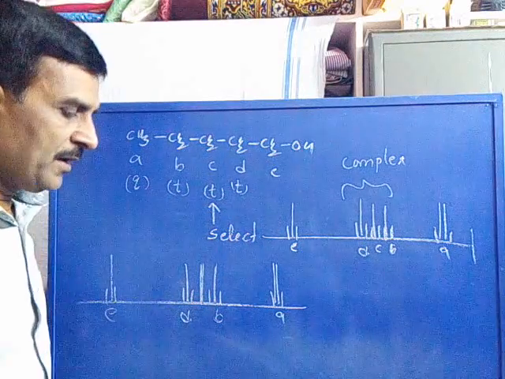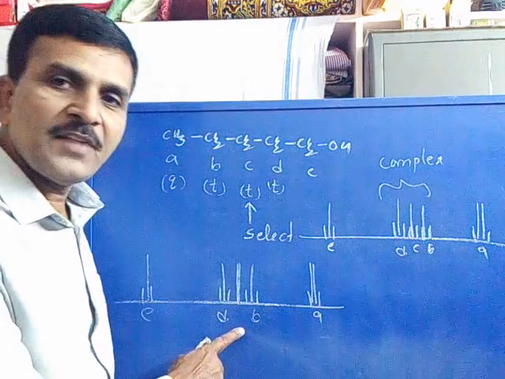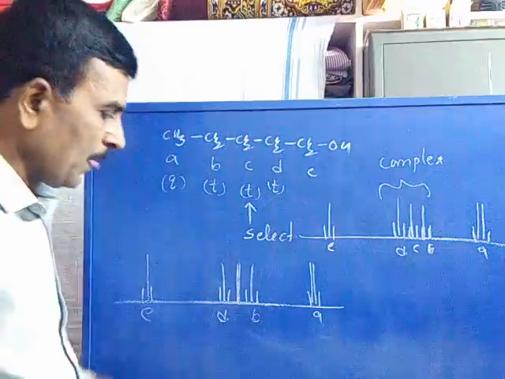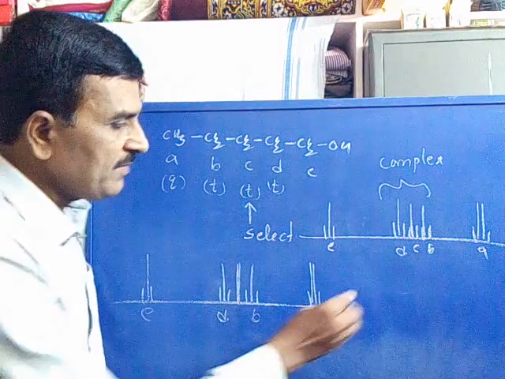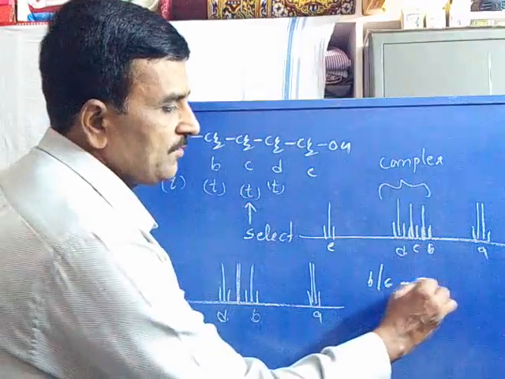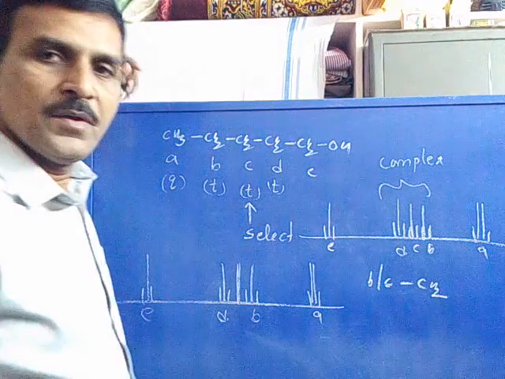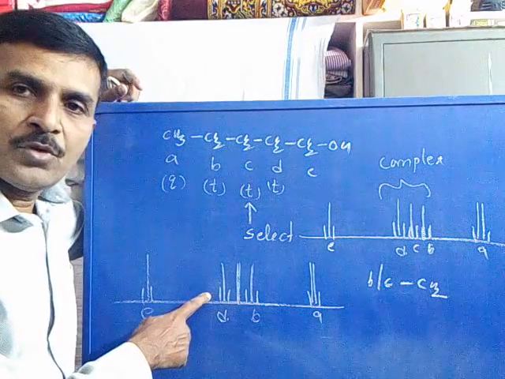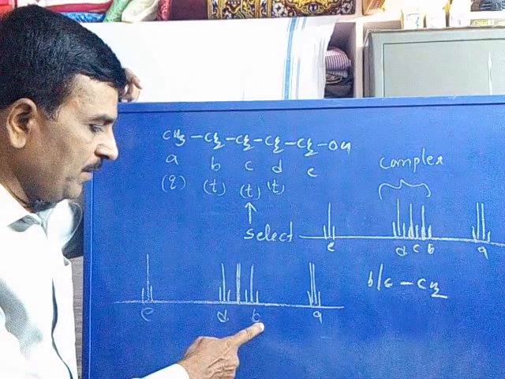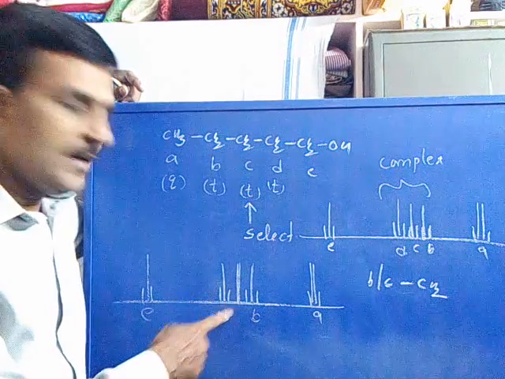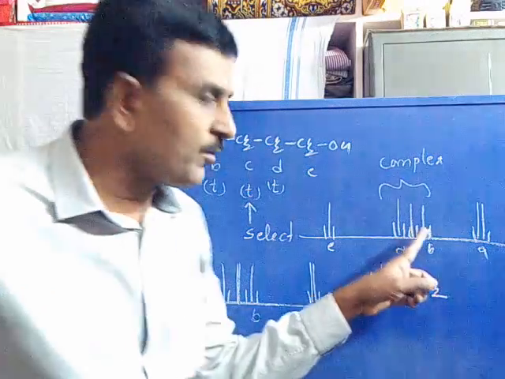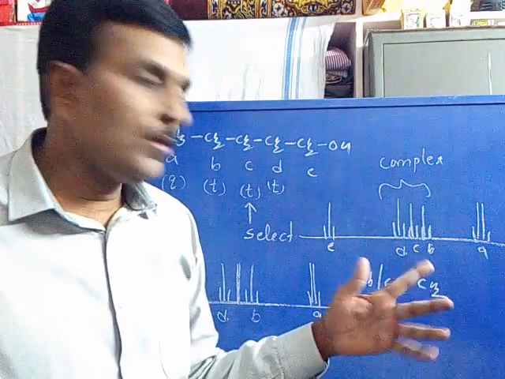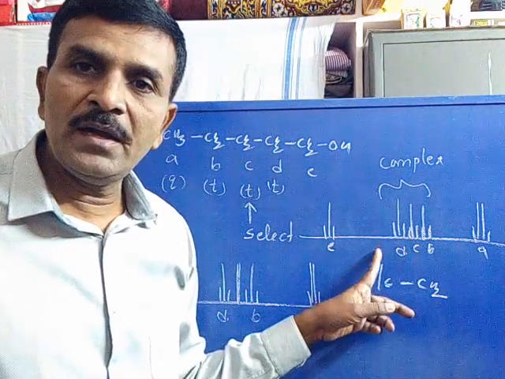This experiment indicated that B and D carbon triplets indicate these two carbons are CH2 carbons. Whereas in the SFORD spectrum, we are unable to predict B carbon, C carbon and D carbon.